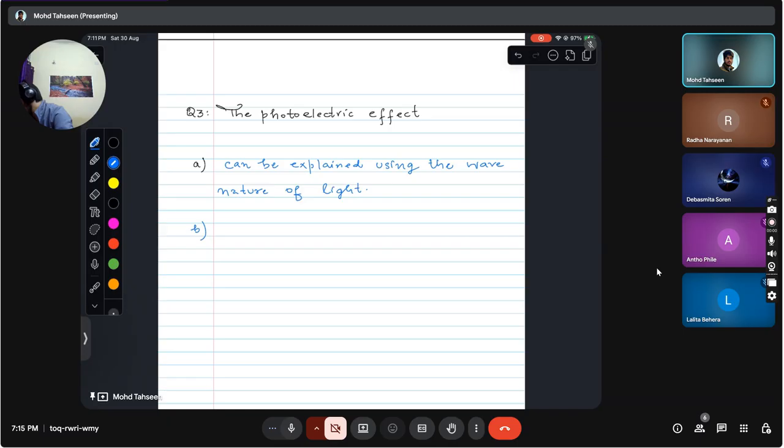Option B, it can be explained using the particle nature of light.